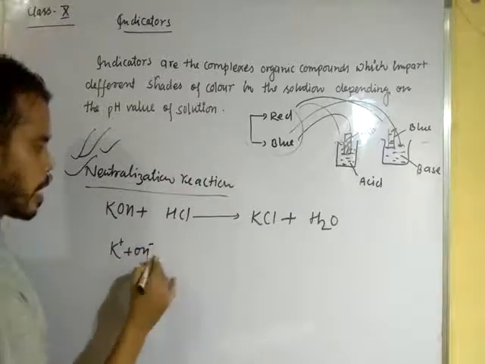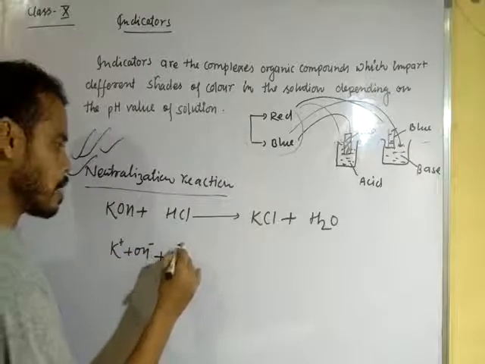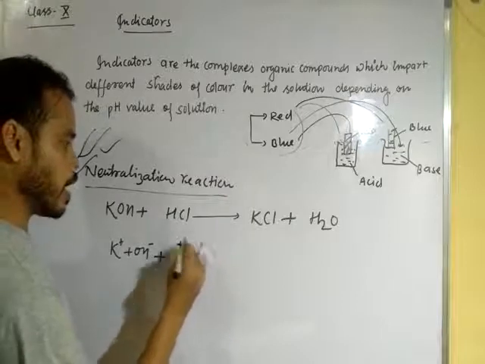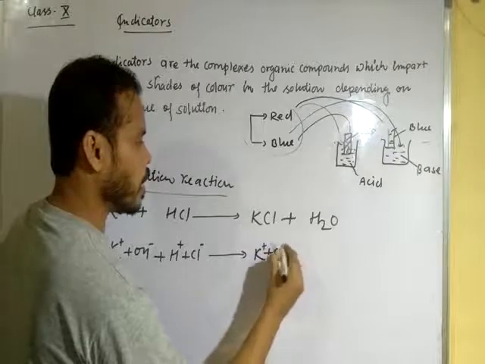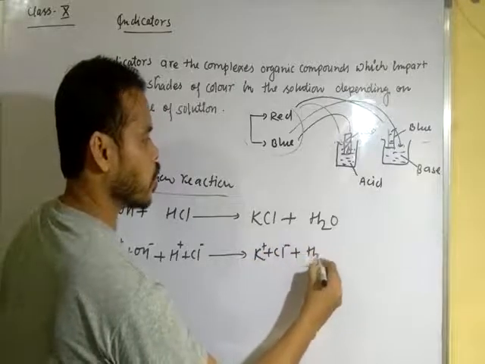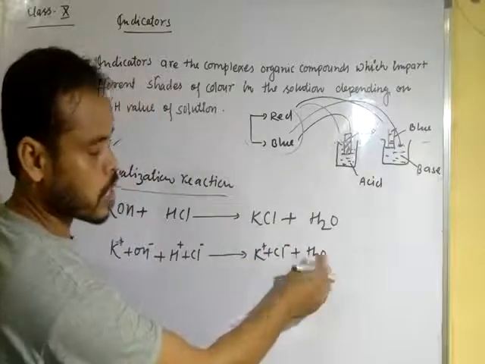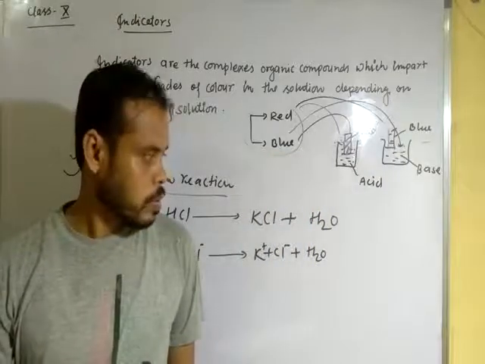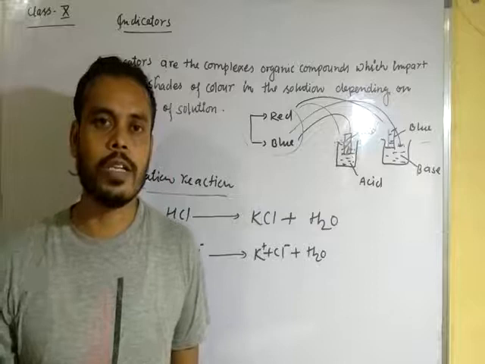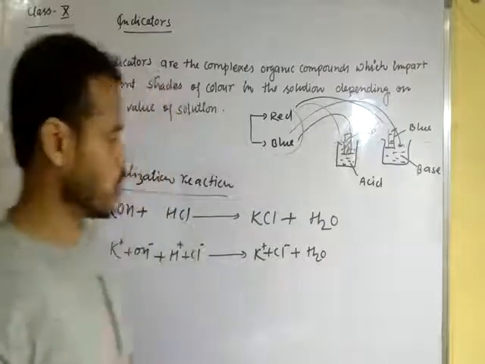Here OH negative ion plus H positive ion plus chloride ion, and here potassium positive ion and chloride ion plus H2O, because the H2O molecule does not split.